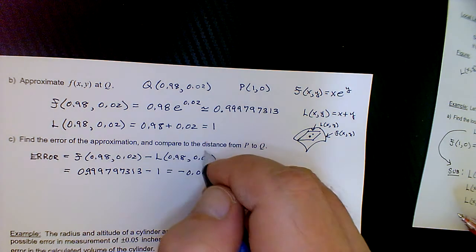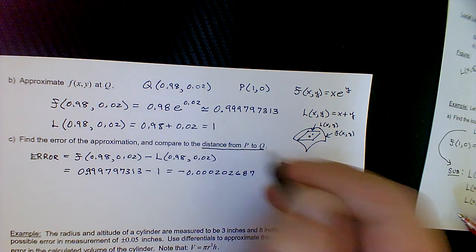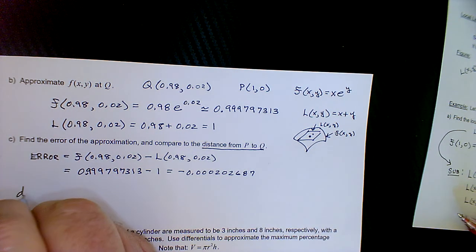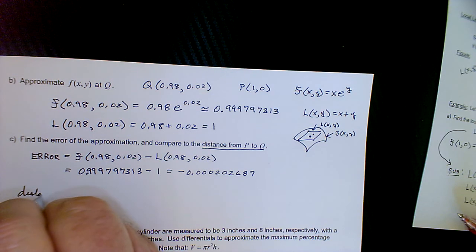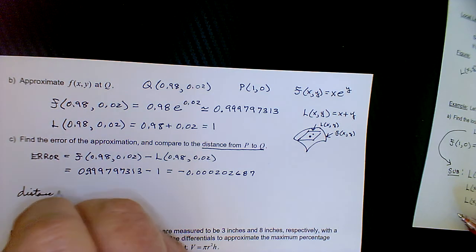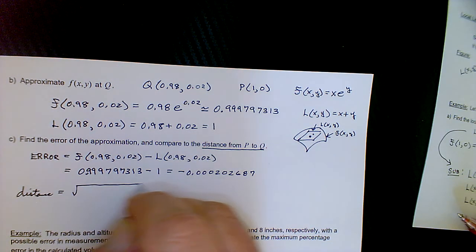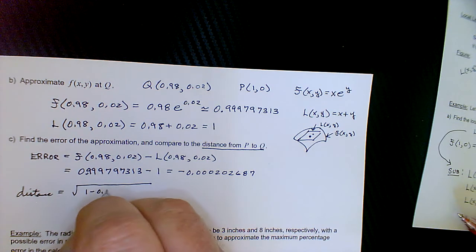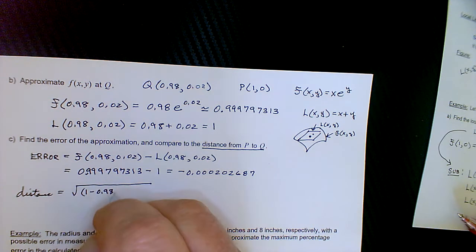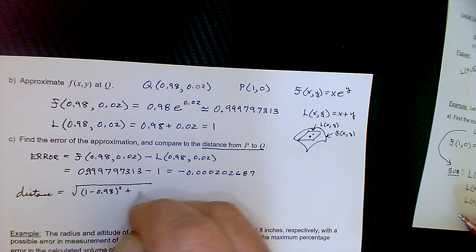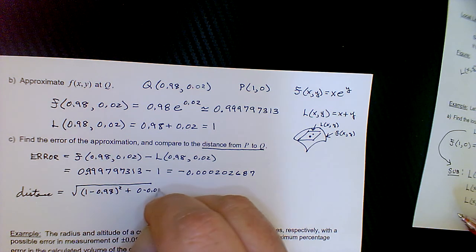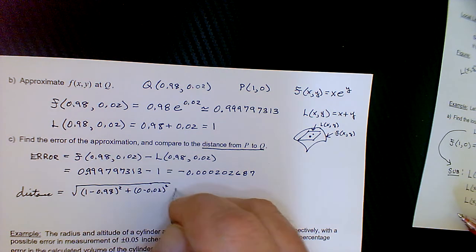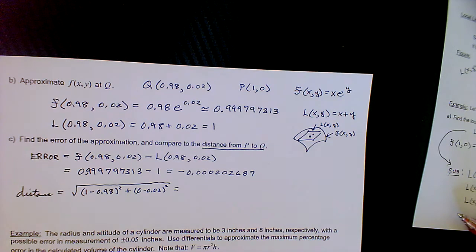And then it says compare it to the distance from P to Q. Well, the distance is just going to be the square root of the difference in the coordinates, 1 minus 0.98 quantity squared, and then 0 minus 0.02 quantity squared, so that's just simply our distance formula.